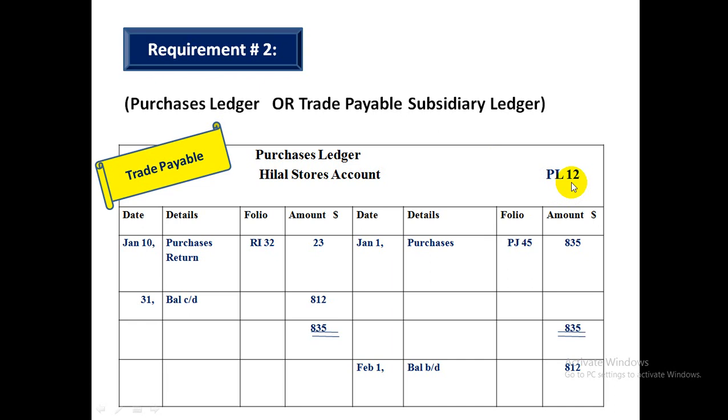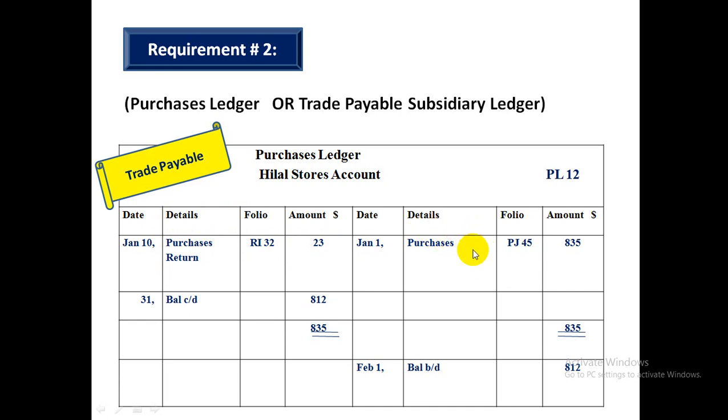Purchase ledger 12 was the number which we had assumed for Hilal store. How to record information in this? Hilal store's trade payable account will be credited when we purchase goods from him, and debited when we return goods to them.